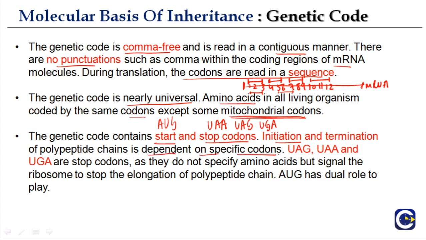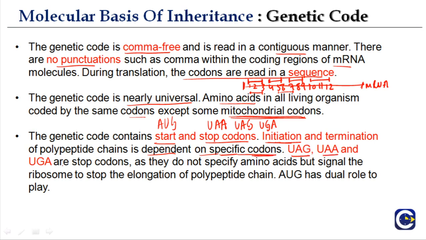If you remember the part from transcription, it was the same. The formation of the mRNA chain requires initiation, and in prokaryotes, the promoter was like a -35 sequence and the terminator was a hairpin loop sequence. So similarly for translation, there are specific codons for initiation and termination. So it depends on specific sequences, which are codons here.